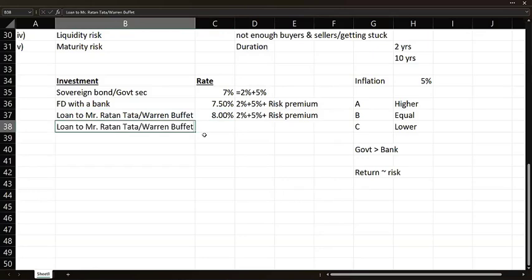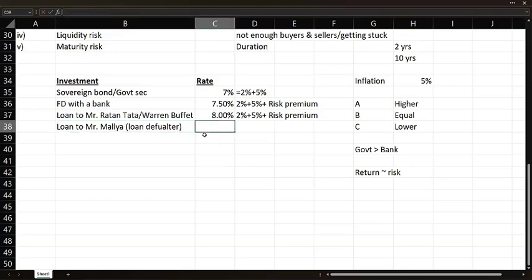Now, if I just change the person here to Mr. Mallya, for those who don't know, he's a loan defaulter. In that case, what will you be expecting? Is it equal to the same rate that you are giving out to Mr. Ratan Tata, or is it going to be different?